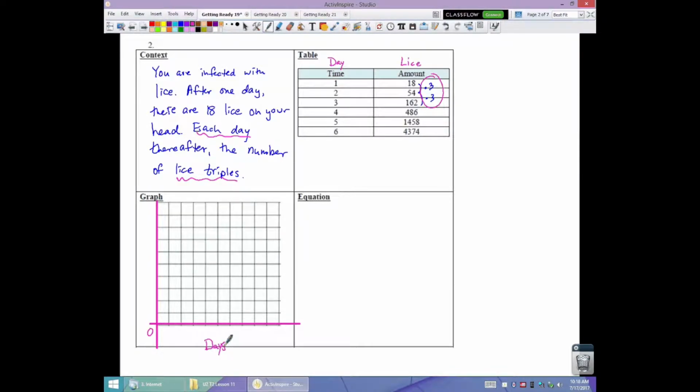Yours might be different. I can count by ones again there, so 2, 4, 6, 8, 10. Now, as far as choosing a scale for the dependent variable for the y-axis, which is number of lice, I know I need to get over 4,000. I've got 10 boxes to do that.